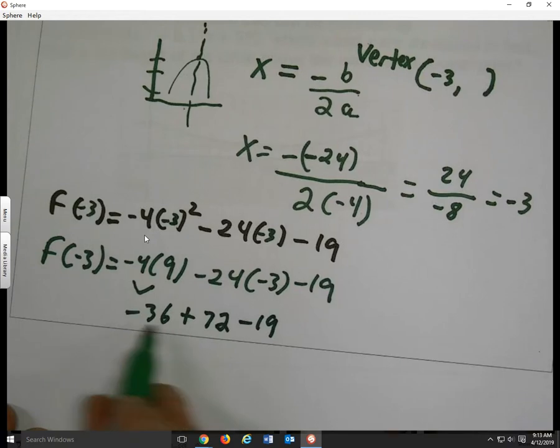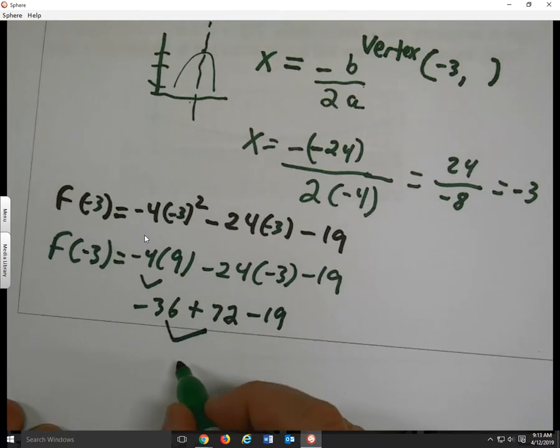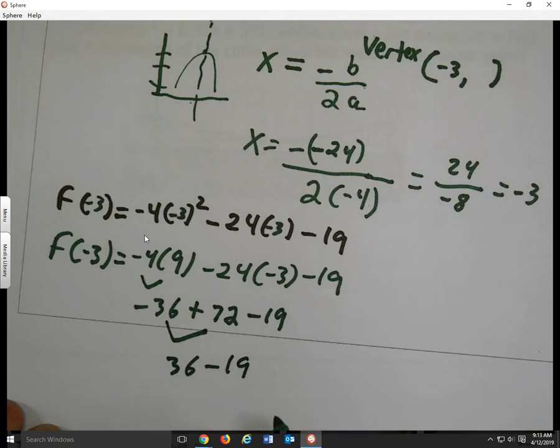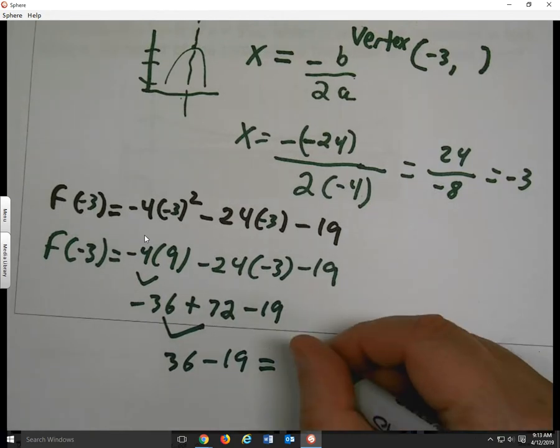And then when you're adding and subtracting, you should always do the one more to the left first. So -36 plus 72 would be 36, minus 19. 36 minus 19 will be the right answer. Give you a second to go ahead and find that. 17.